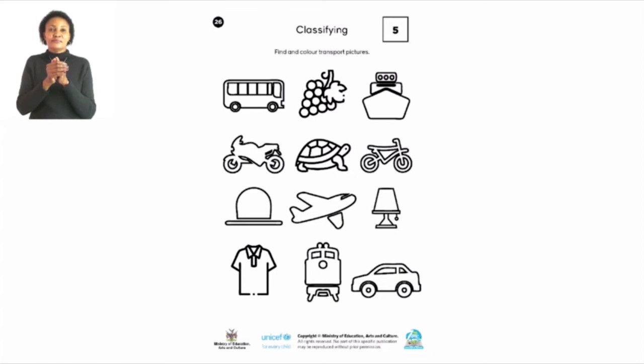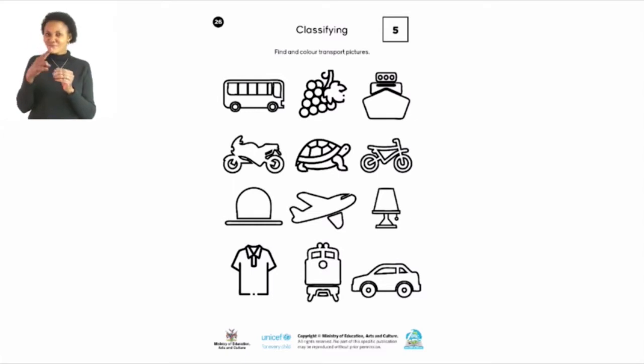Have you done that? Now let's go to the second row. In the second row, the first picture is a motorbike. Then we have the tortoise and the bicycle. Which of these are means of transport? Yes, motorbike. And the tortoise?